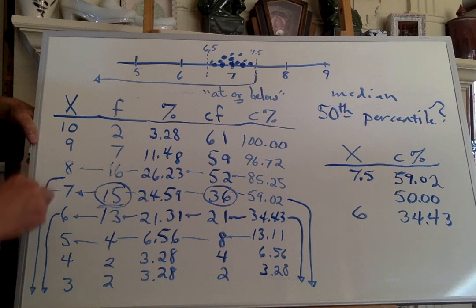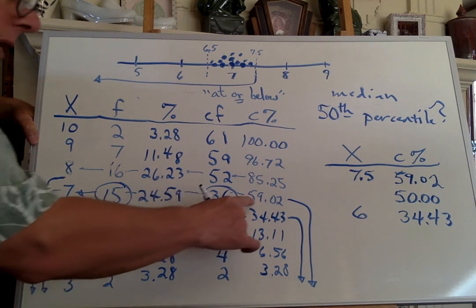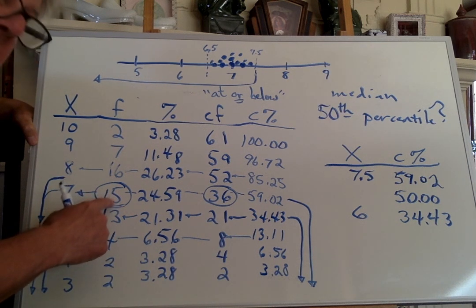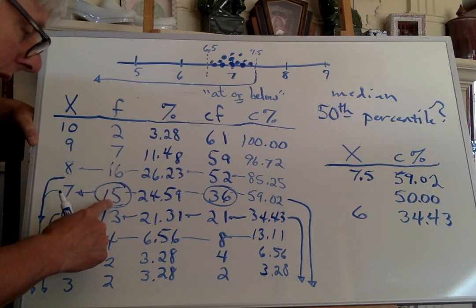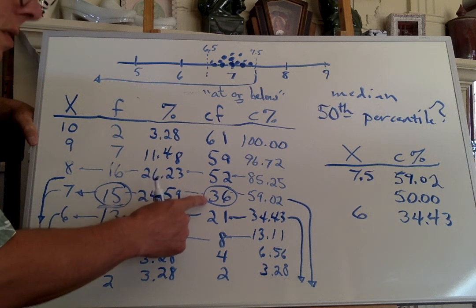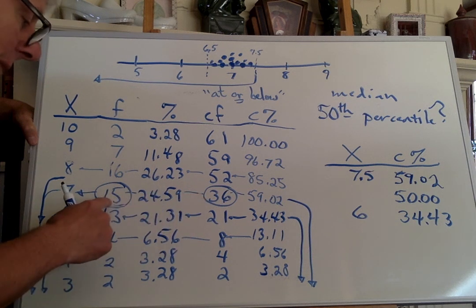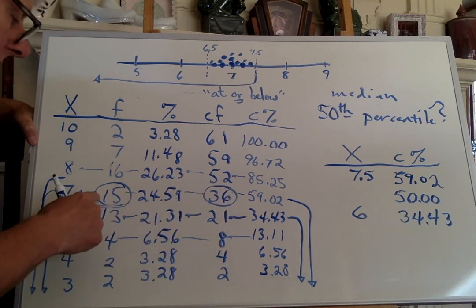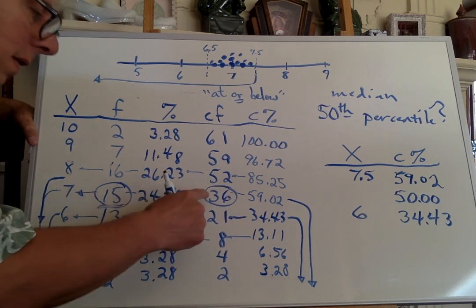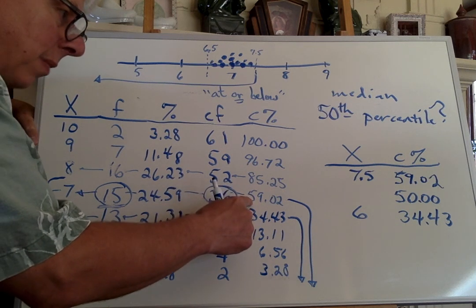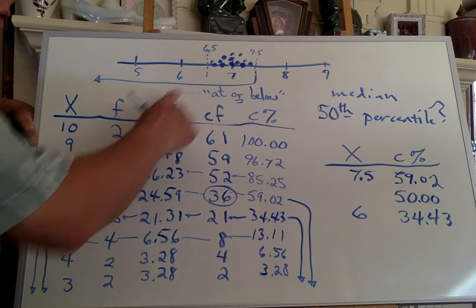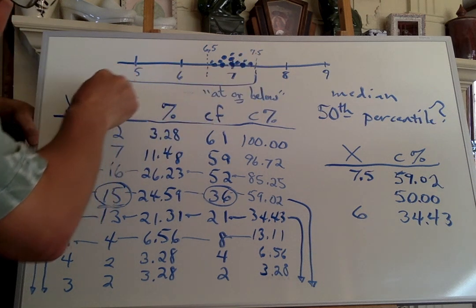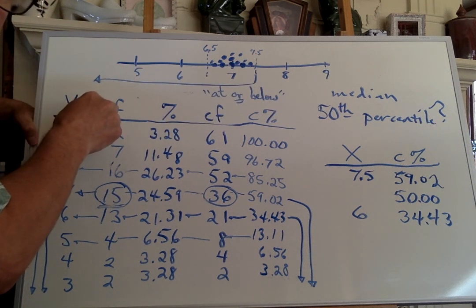So 7.5 and below is my 59.02. Because otherwise, I need all of these 15. I need all 15 to make up a cumulative frequency of 36. If I miss any of these, this is not correct. As long as I get all of these, this is the number. So to guarantee I get all 15 people, I'm going to use the upper real limit and everything below. Okay?